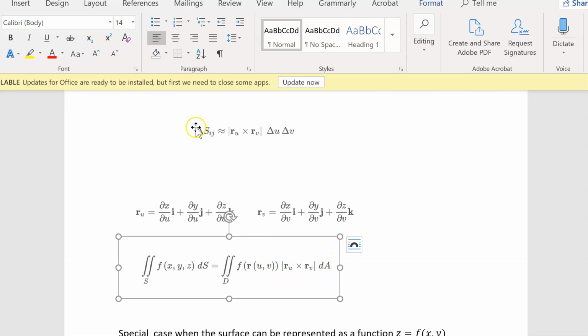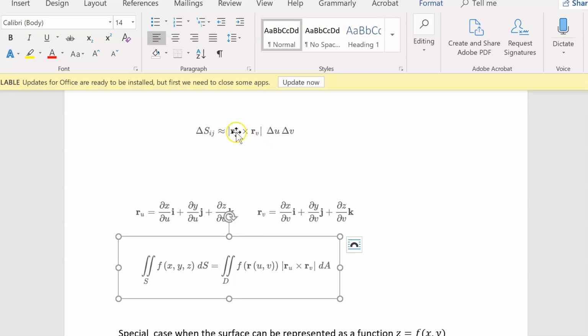So we calculate the area of the parallelogram, as we saw again in the section that dealt with the surface area of a surface, right? It's r_u, the partial derivative with respect to u, cross product r_v, the partial with respect to v.